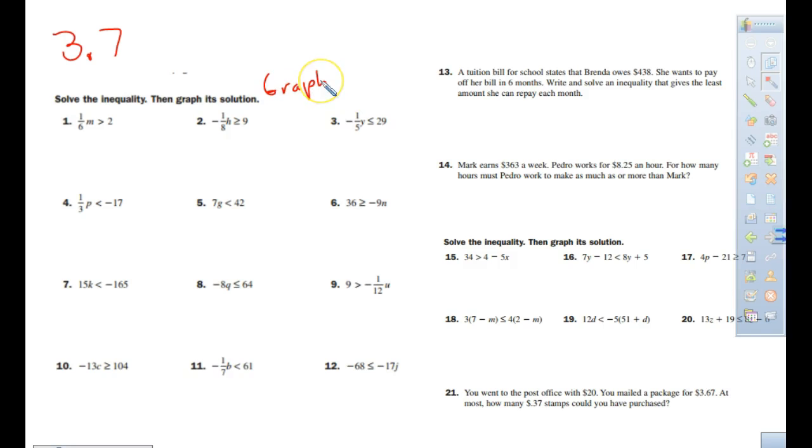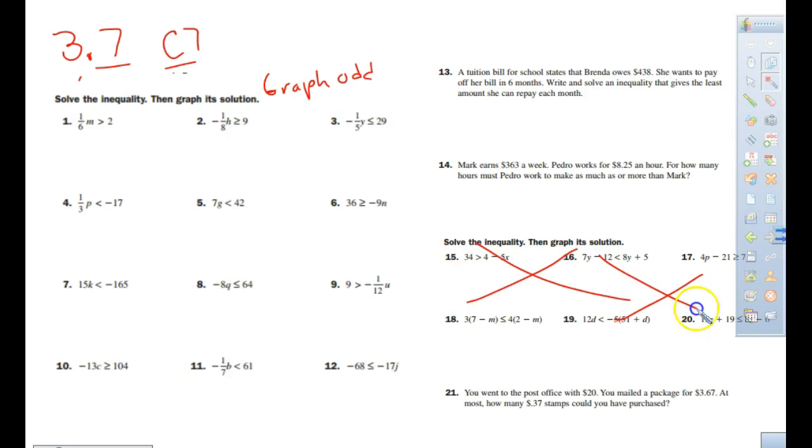So 3.7, if you want to put C7. Okay. Graph, I'll just put the odds on this part. Same thing here where it says graph the solution. We're going to do the odds. You know what? Do we want to do 15 to 20? I don't think we have anything like that. Oh, we are not.